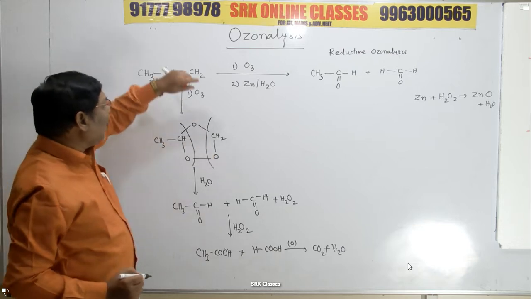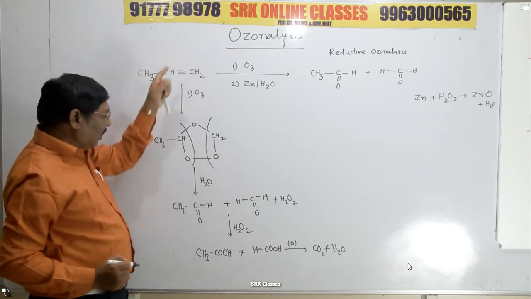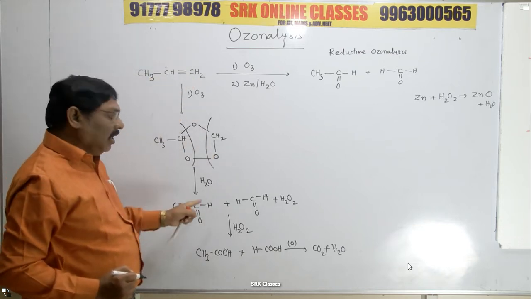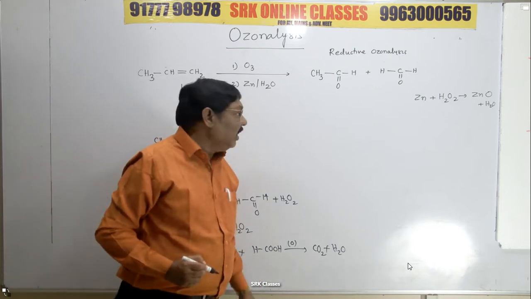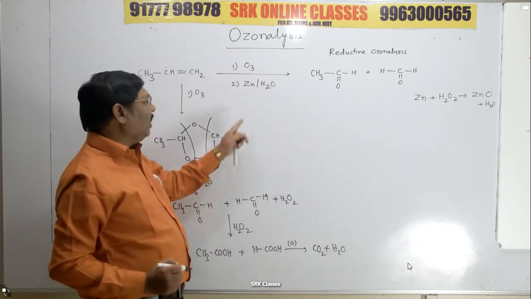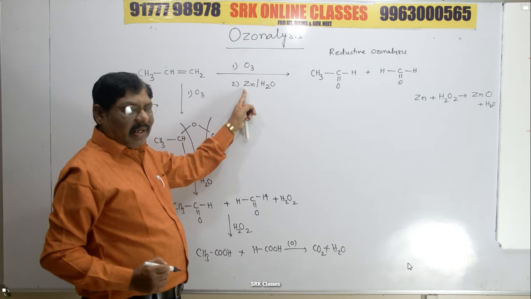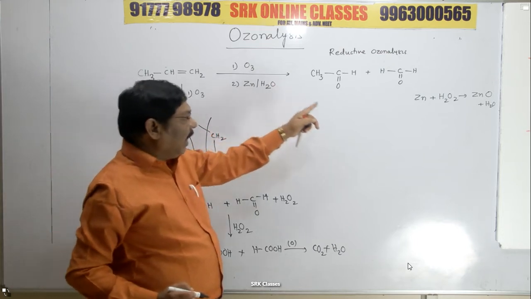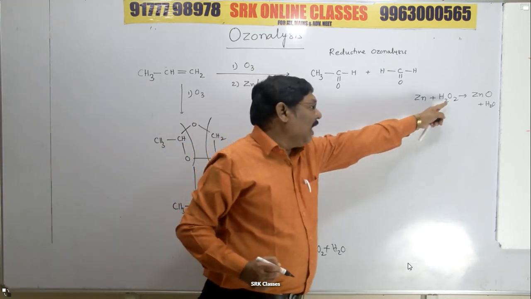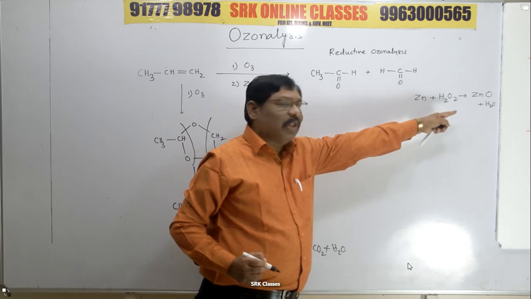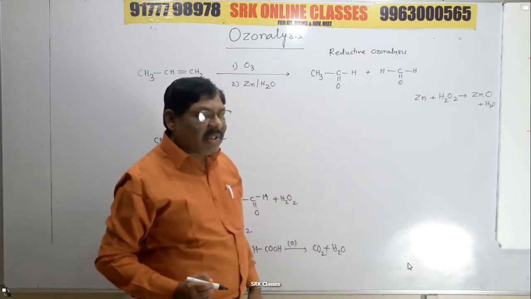Right? Last class we discussed the first part, not the second one. Today I have given oxidative ozonolysis. The difference between these two is zinc: if it is present, it reduces the hydrogen peroxide to zinc oxide plus H2O, that is called reductive ozonolysis.